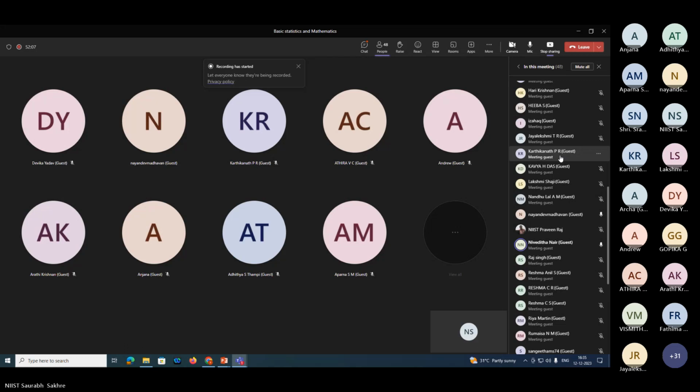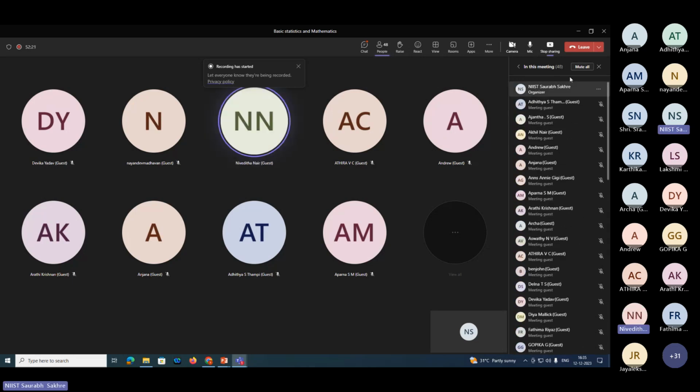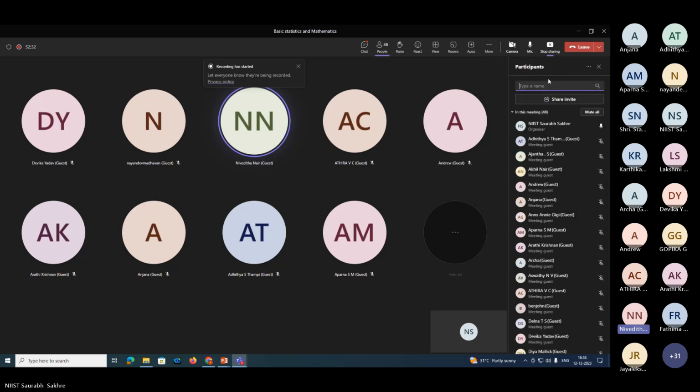Nivedita Nayak, are you there? Yes, sir. So can you please brief the difference between descriptive and inferential statistics? Sir, in descriptive, we are only describing some data. And in inferential, we can draw conclusions from that sample data.